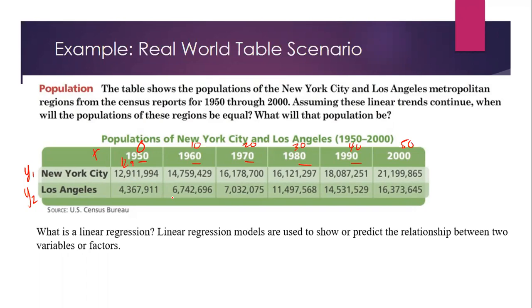This would be 4.4 million, this would be 6.7 million, 14.8 million, 7.0 million, 16.2 million, 16.1 million, 11.5 million, 18 million, 14.5 million, 21.1 million, 16.4 million.